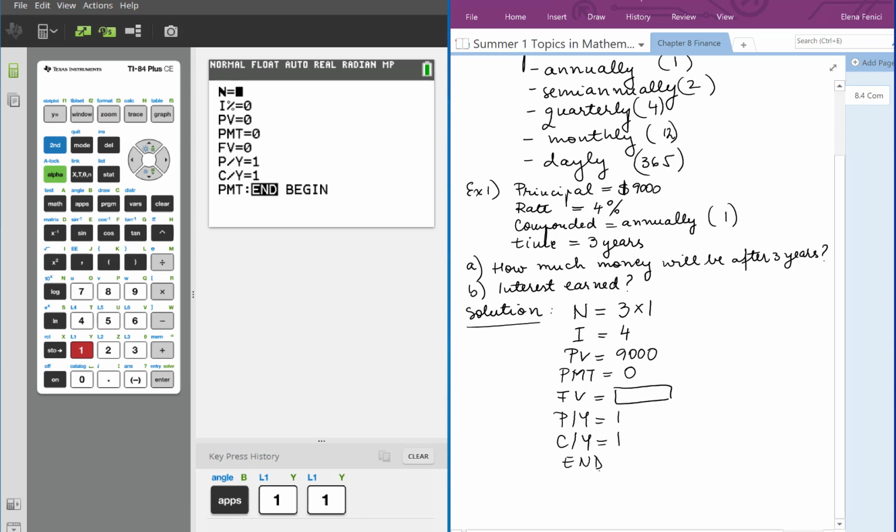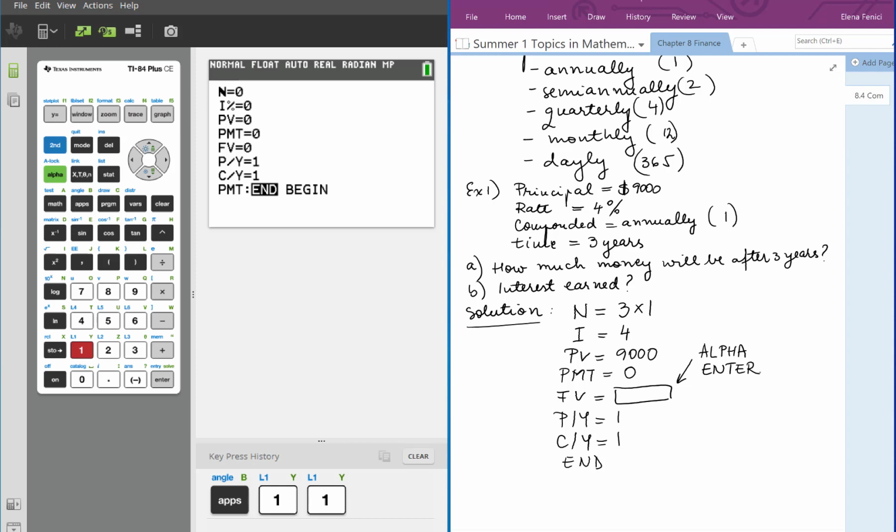This is how I expect you to write it on your test as well. To find the future value, we are going to press this combination of buttons, alpha, enter. So now I'm going to go in the problem and start pressing the buttons.